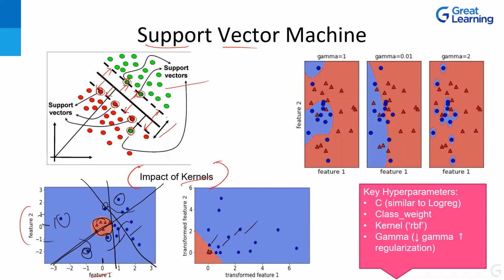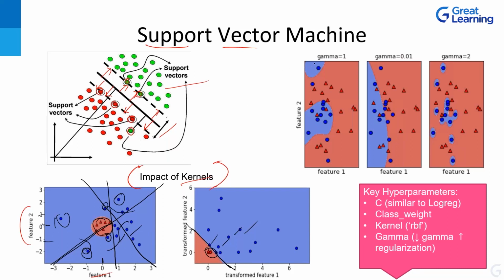Whereas the triangles show lower values because they were close to 0, and when we square them they become even smaller, and now it becomes possible to fit a linear boundary. So in effect, this is a quick representation of how kernels fit non-linear boundaries by transforming our dataset.